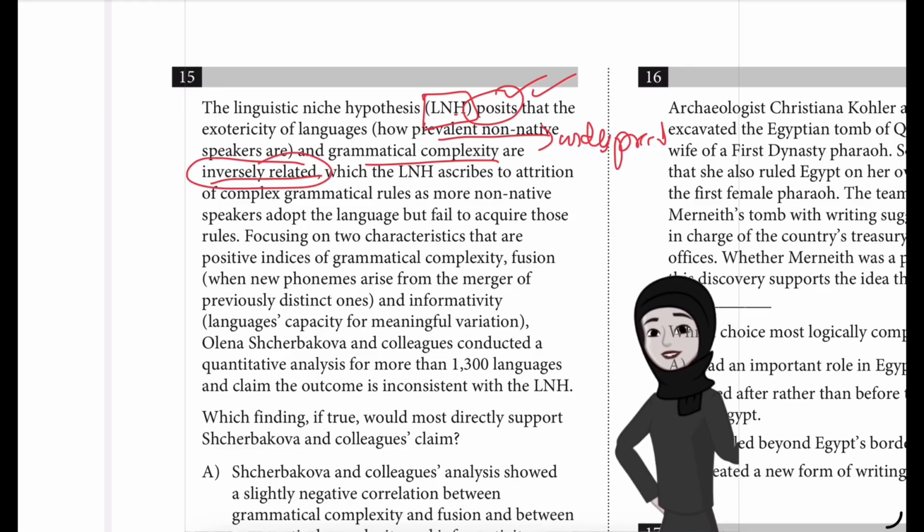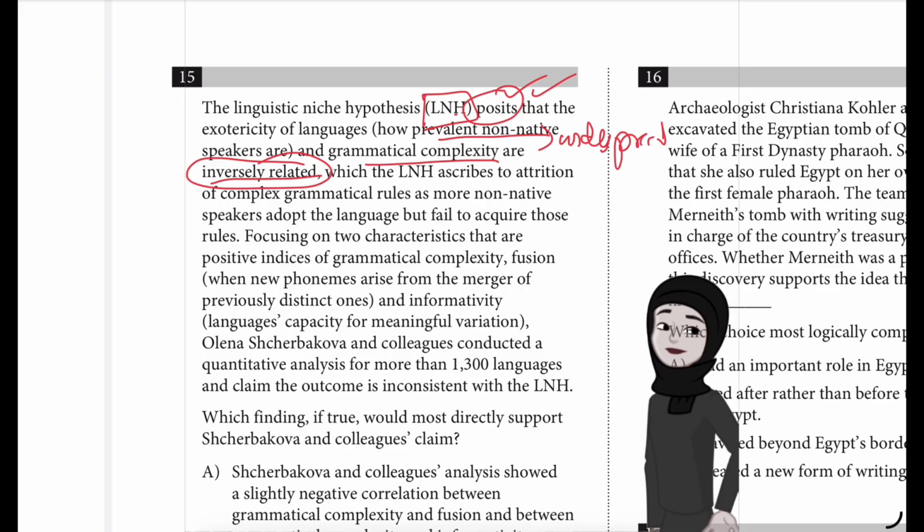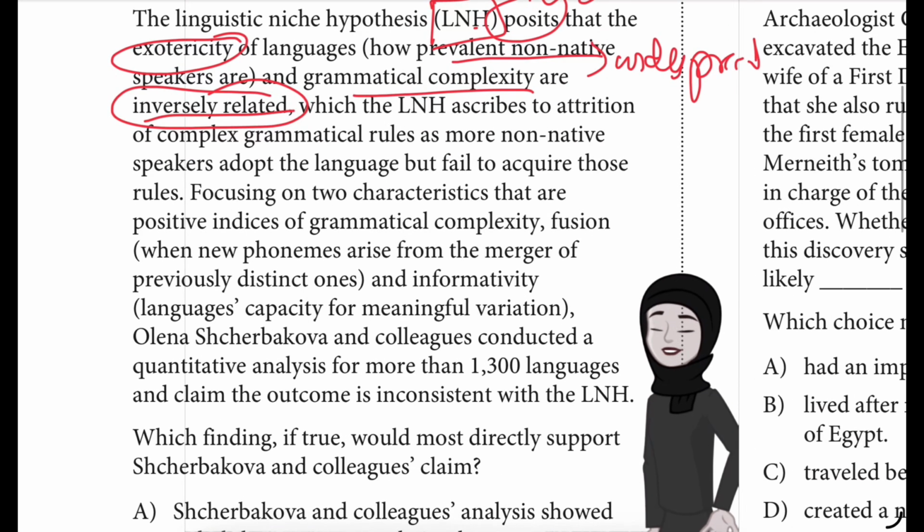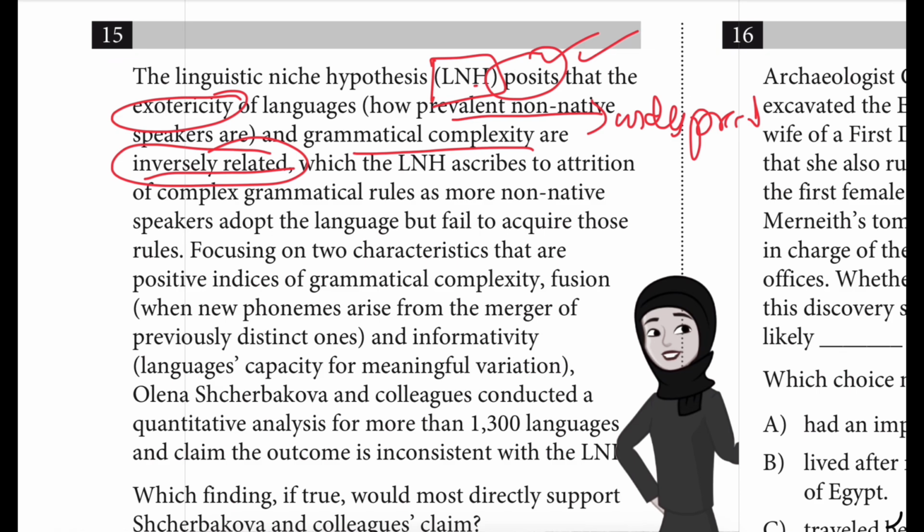So basically if the grammar is easy in that language, it will be more widespread. But if the grammar is complex, the language will be less widespread. That's what the LNH proposes.